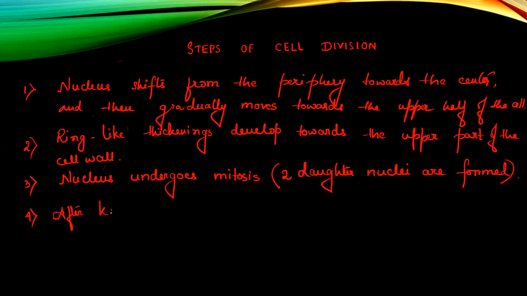After karyokinesis, a row of microtubules develops and accumulates as a layer between the daughter nuclei.